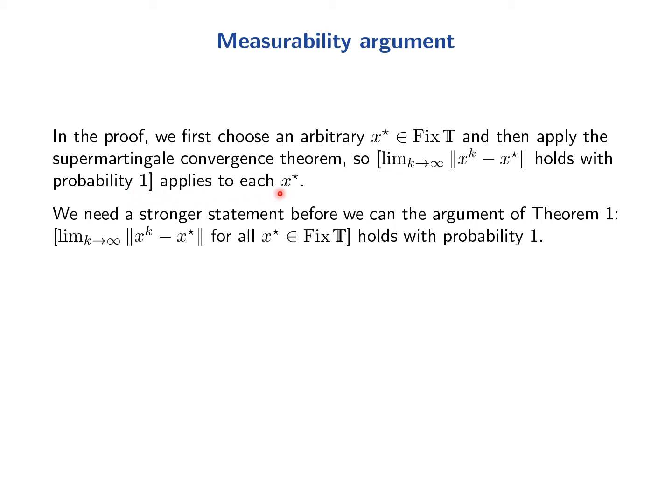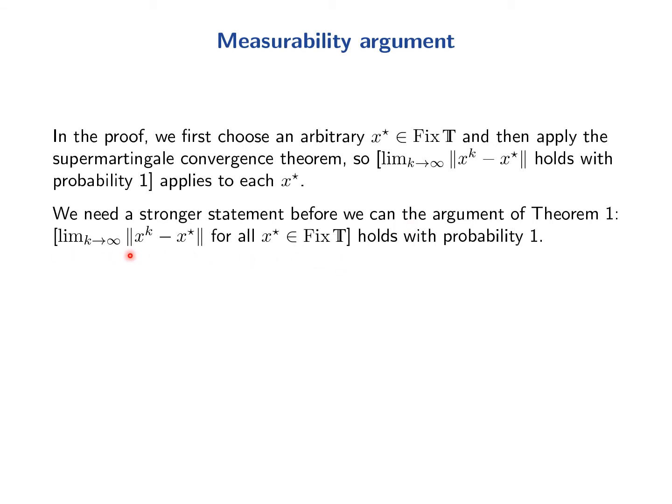If you change it to a different fixed point, you're looking at a different subset. That new subset still has probability 1. Every fixed point generates a subset of sequences, and every one of those subsets has probability 1, has size 1. Down here, in order to apply the argument of Theorem 1, we need a stronger statement.